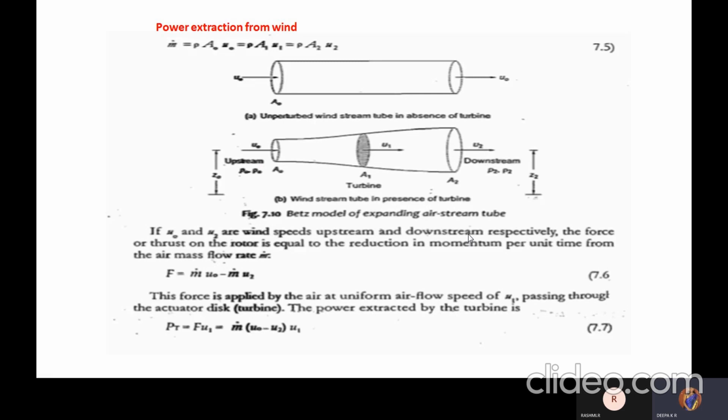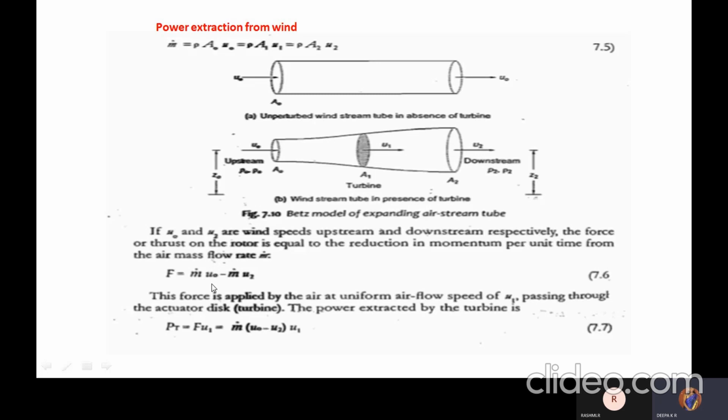That will affect the reduction in the momentum per unit time, which is given as the air mass flow rate. F can be given as m dot mu0 minus m dot mu2. That difference between upstream and downstream will create the force on the system.